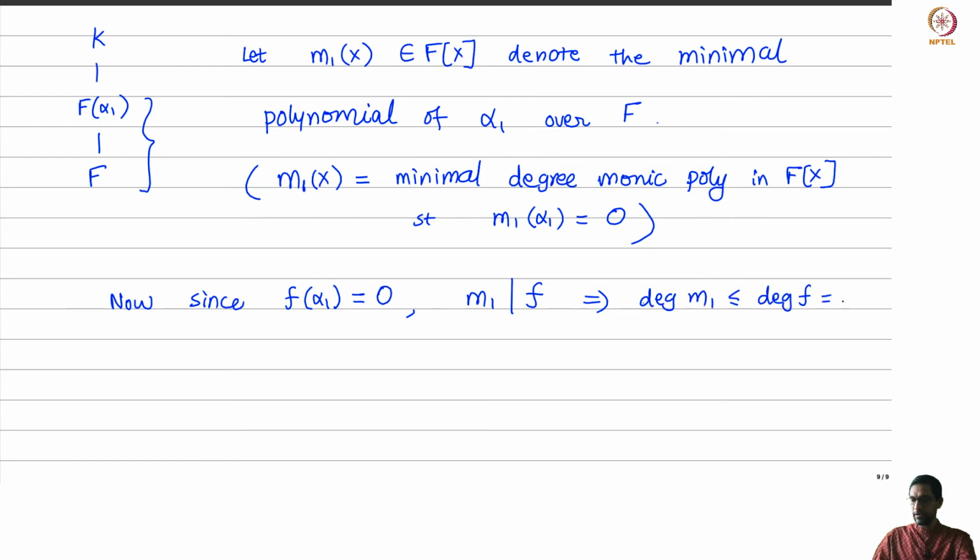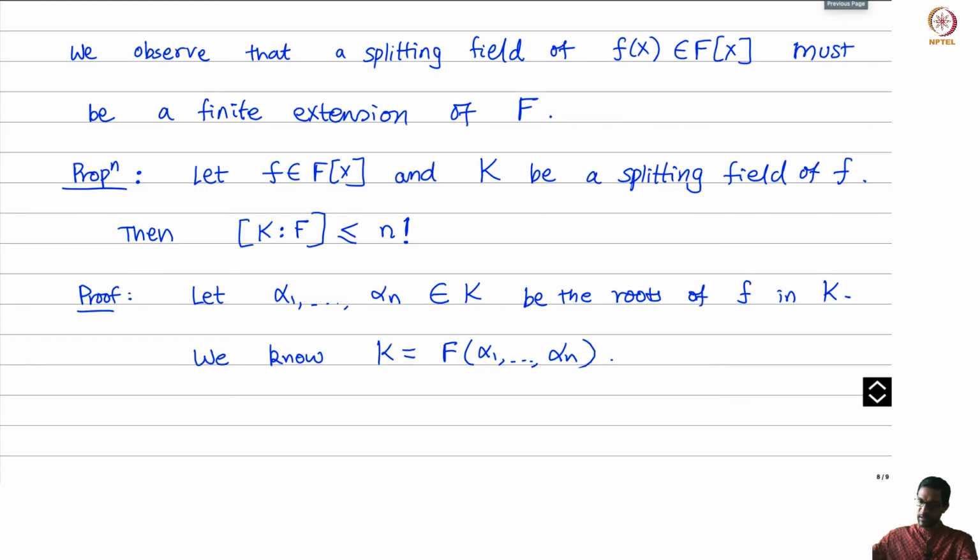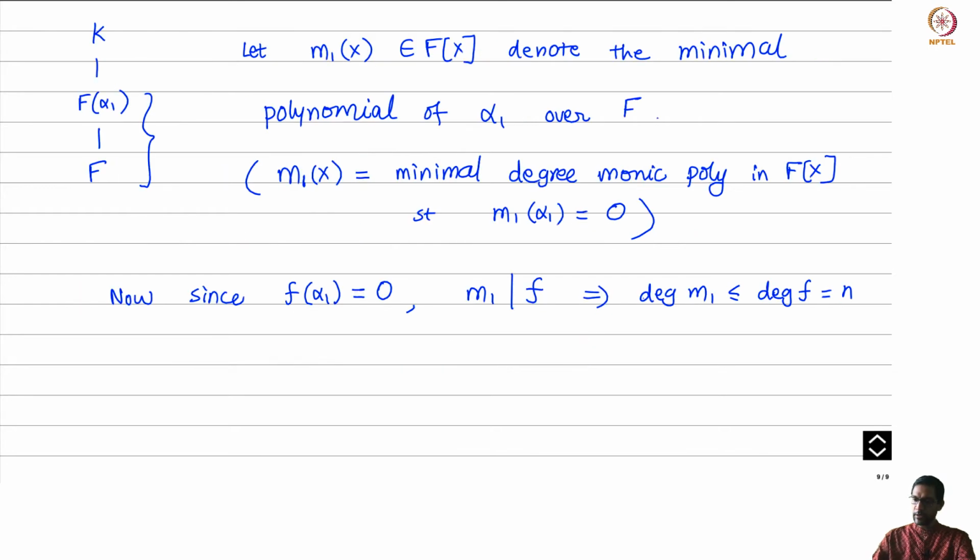And the degree of f is what I am calling n, by the way. I should probably have said that in the definition, where n equals the degree of the polynomial f. So at the very first step, the first extension has degree at most n. That's the first observation.